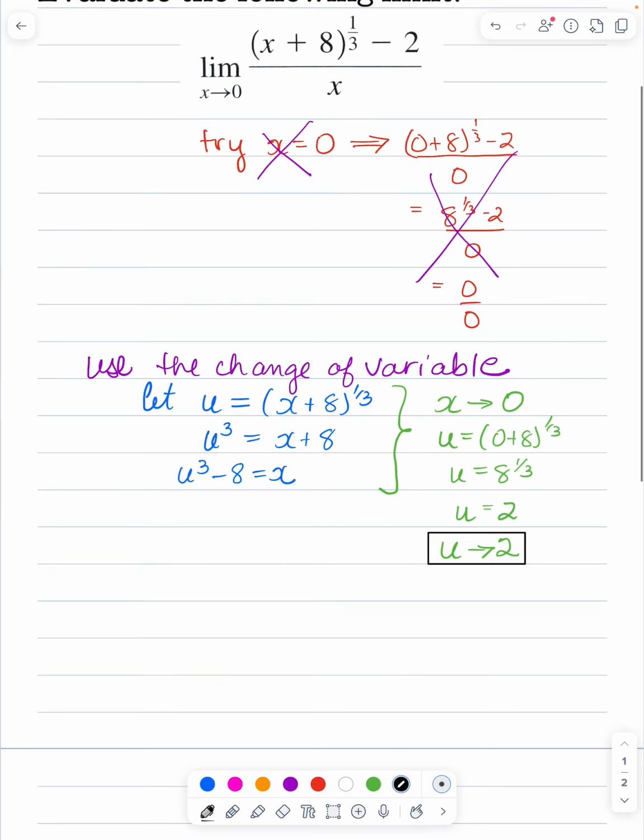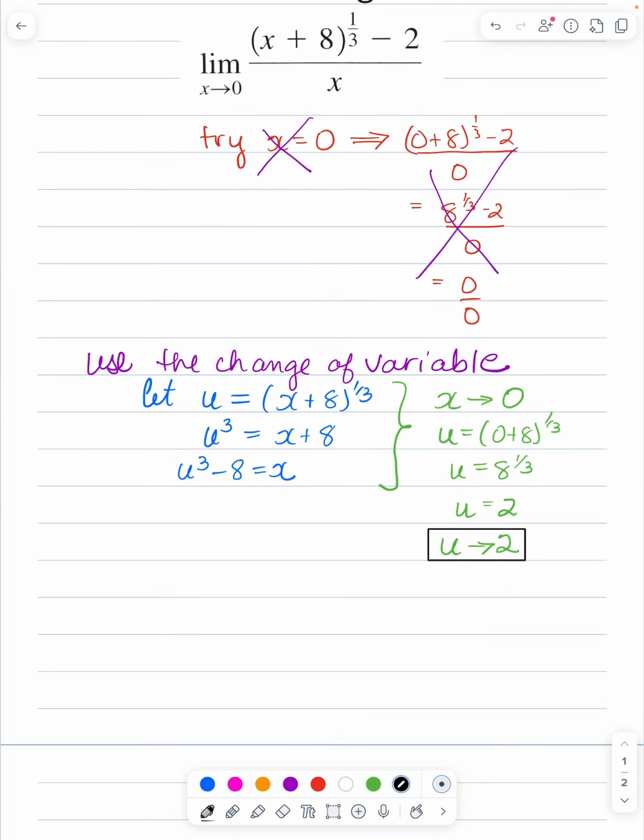Next, now we have to do the change of variable. So starting with our limit, the limit as u approaches 2, all of this up here is now going to become u minus 2.